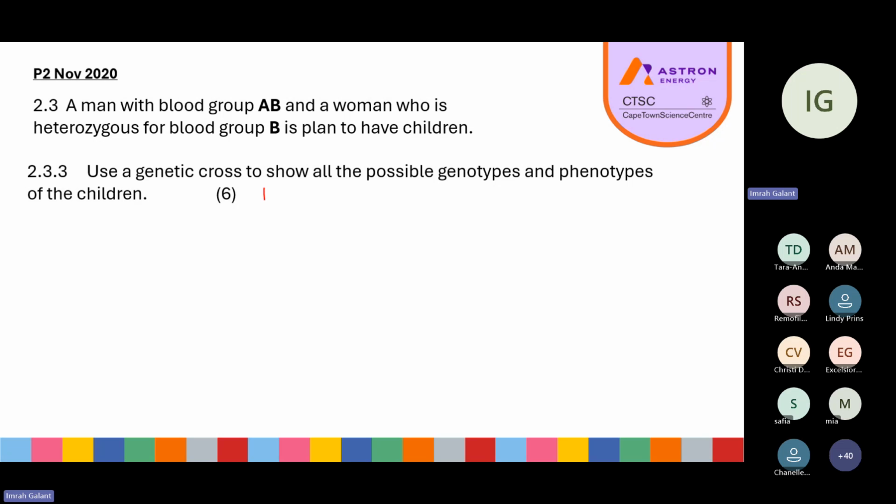What you're going to say first is P1, and you're going to list the phenotypes. The phenotype of the man is blood group AB, and the phenotype of the woman is blood group B. Then what is the genotype?